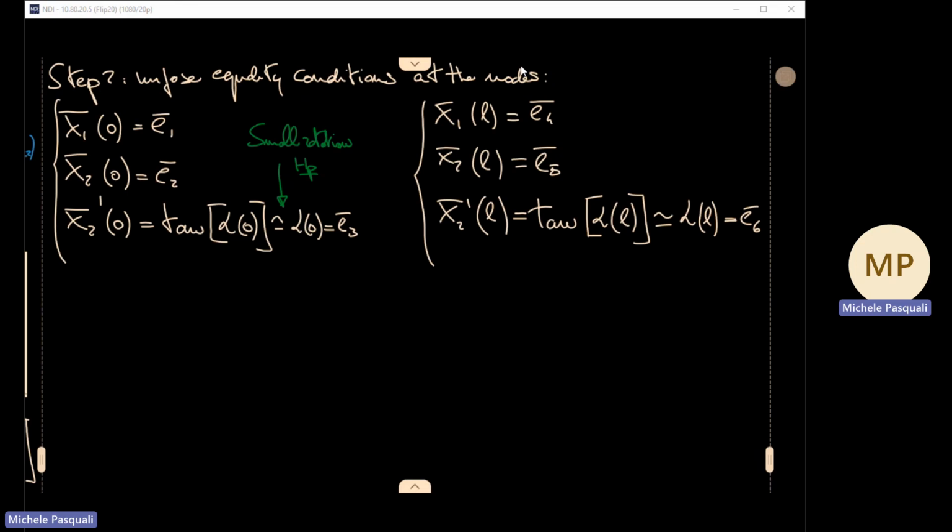Okay, and again, small rotation hypothesis holds. Remember that alpha is exactly the angle that we have defined before.